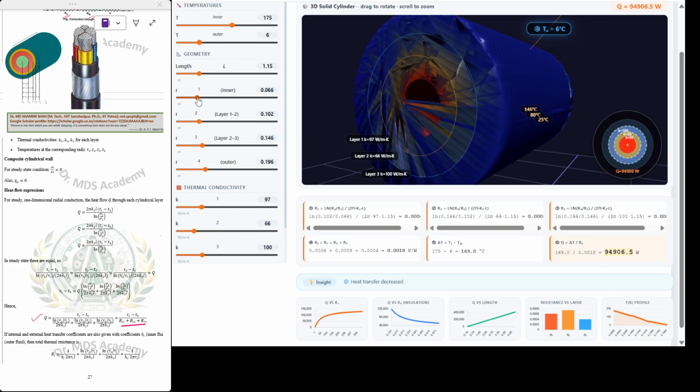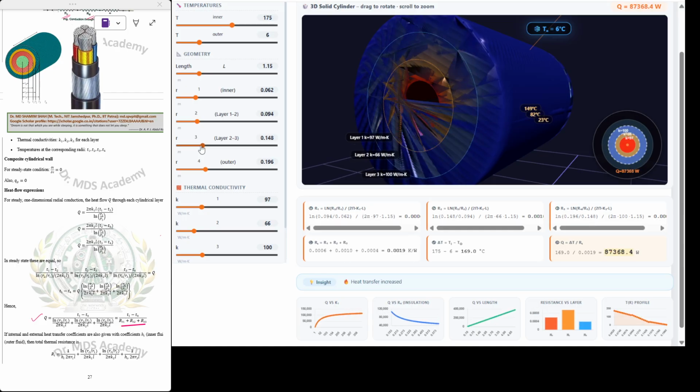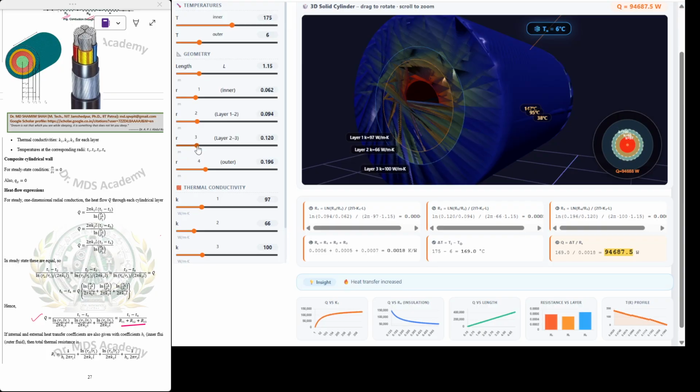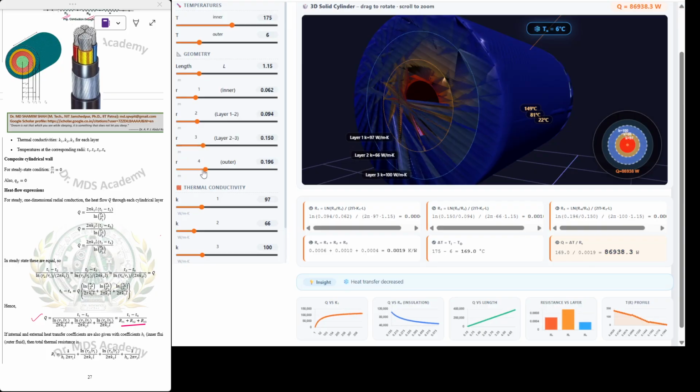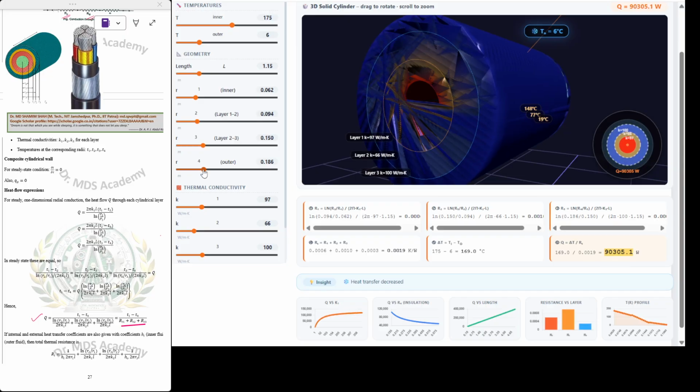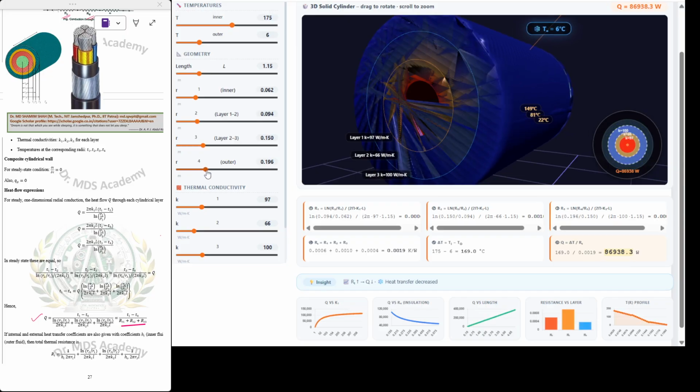Now decreasing the R1 value, now increasing the R1 value. This is the R1 radius of the cylinder, and R2 is this one. Similarly R3, and R4 is the outermost. So you will find the different variations.